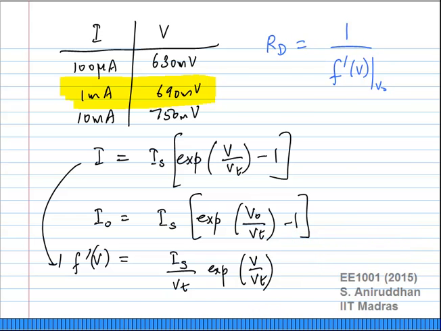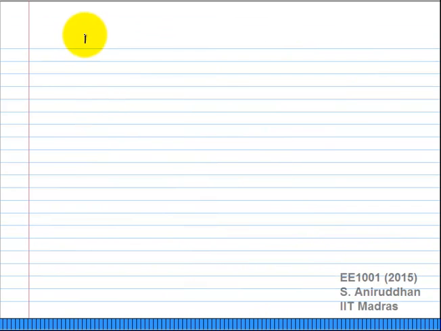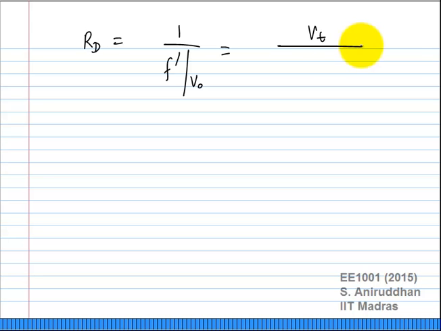Now if I want to find out RD, RD is nothing but 1 over f prime at V naught. What is this? Vt by Is exponential V naught by Vt. And what is this? I'll say this is approximately Vt by I naught.